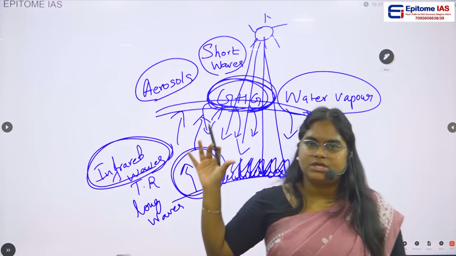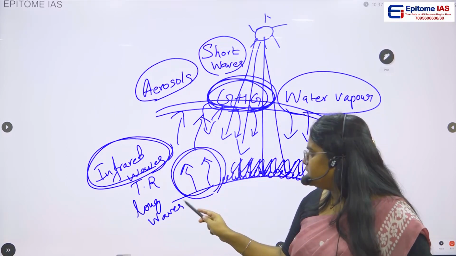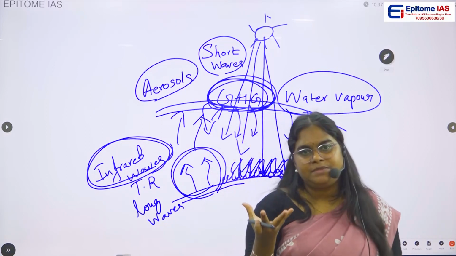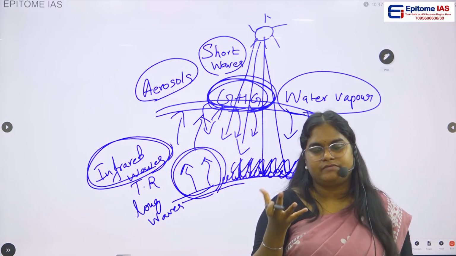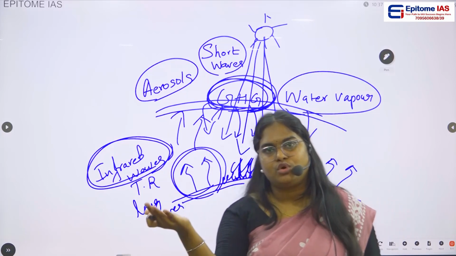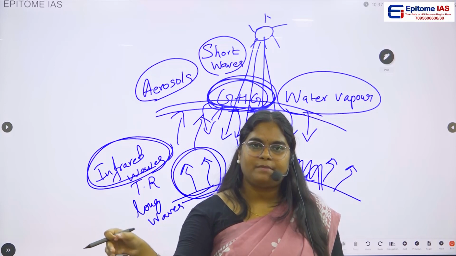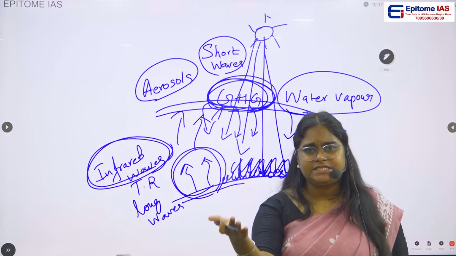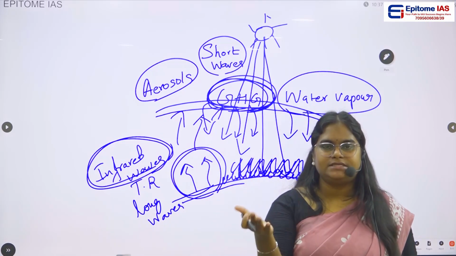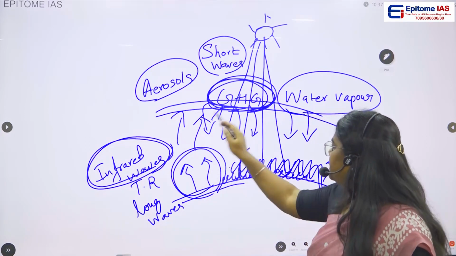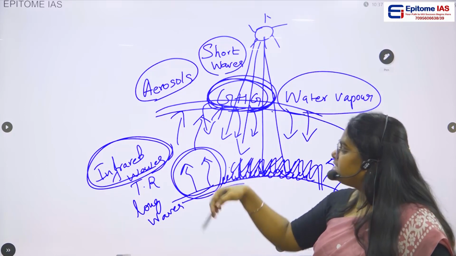In the natural case, this actually helps maintain the temperature of the earth. It keeps the earth neither too cold nor too hot. But in recent years, with the increase in greenhouse gases and in the amount of carbon dioxide, this phenomenon has increased.